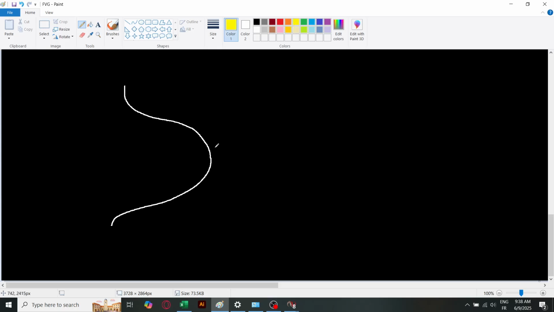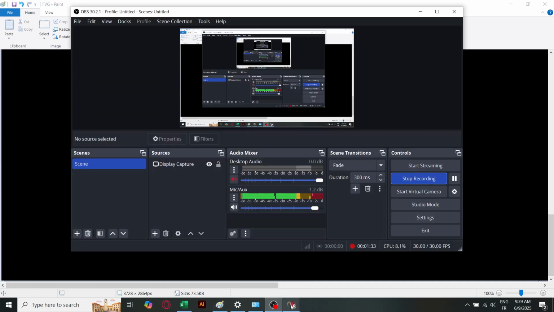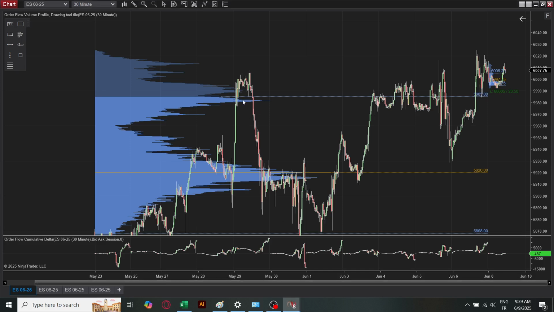the heavy spot on high volume node is a point of control. In this case, this is not the main point of control, but it's the point of control of this cluster.